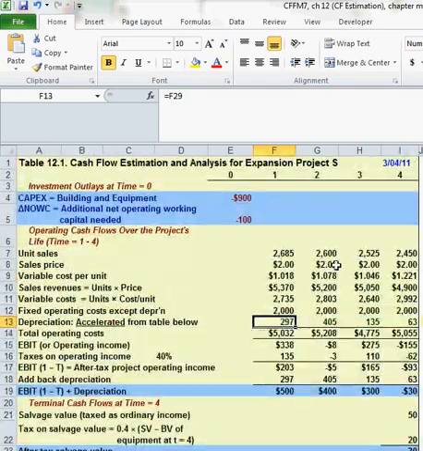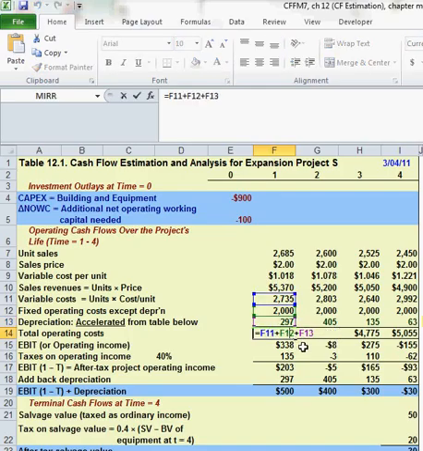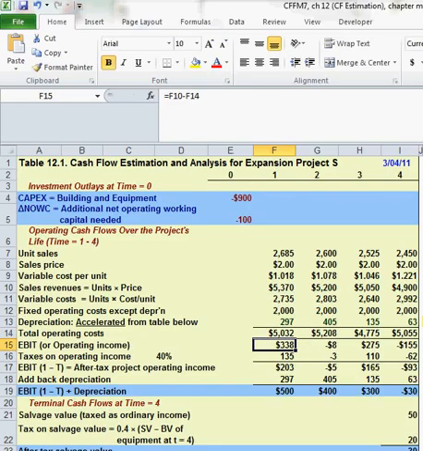So that's where the depreciation number is coming from, and that gives you your total operating cost here of 5032, and that's calculated as the variable cost plus the fixed cost plus the depreciation. And then we get to our operating income, which is our revenue, 5370, less those total operating costs of 5032 to get 338. And that gives you your EBT to the point where you can figure your taxes.